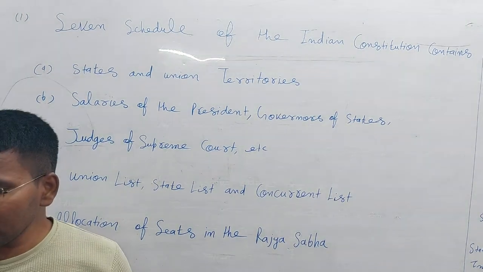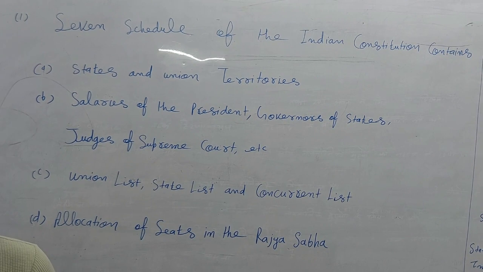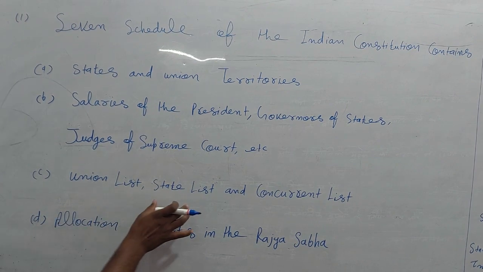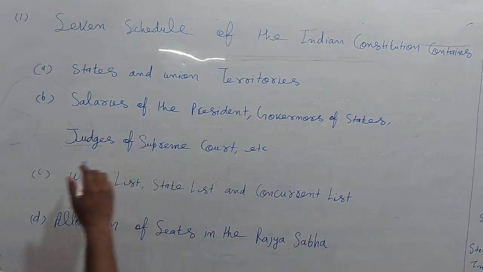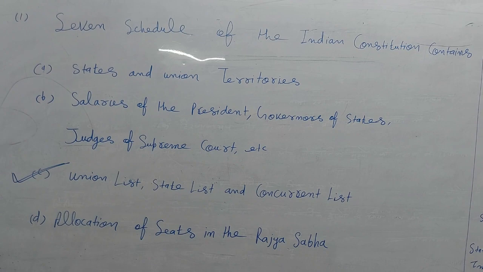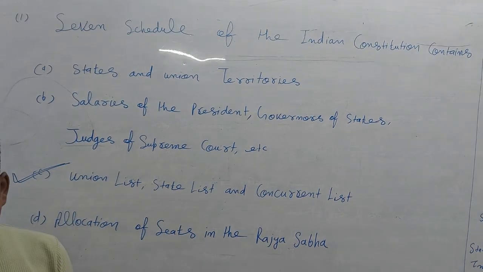The seventh schedule is important and may come in the next UPSC exam or other exams you are preparing for. So your option is C, union list, state list, and concurrent list, because the seventh schedule includes three lists for determining legislative authority for various subject matters. Are you getting it? So this is the first question.